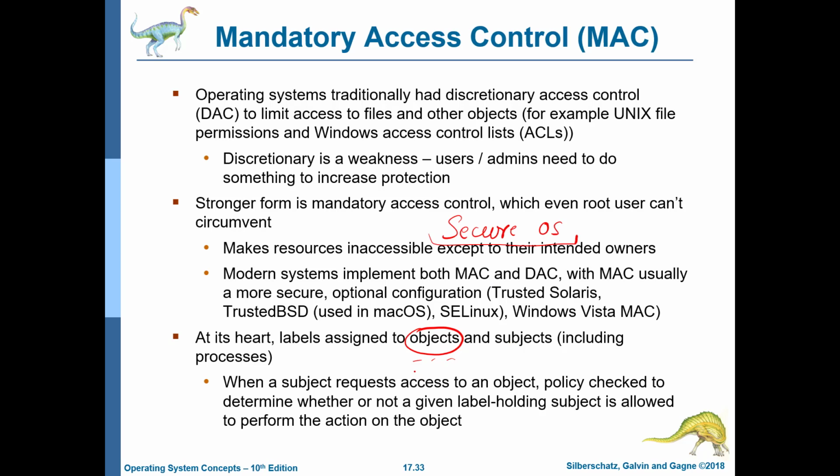So whenever the subject requests access to an object, you find whether the labels that the subject holds, like the keys that the subject holds, are compatible with, let's say, the locks that the object holds. If there is a compatibility, then the subject is allowed to access the object, otherwise it is not.